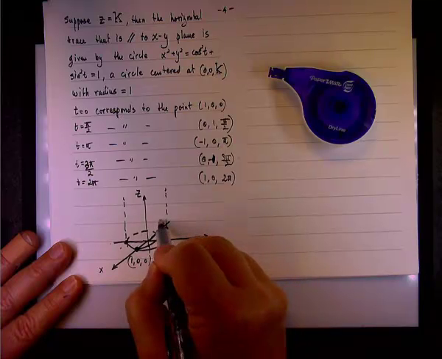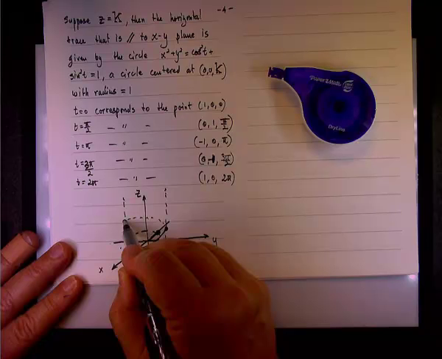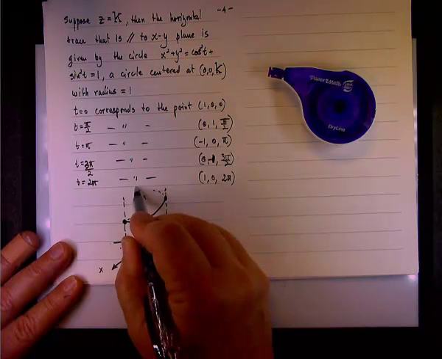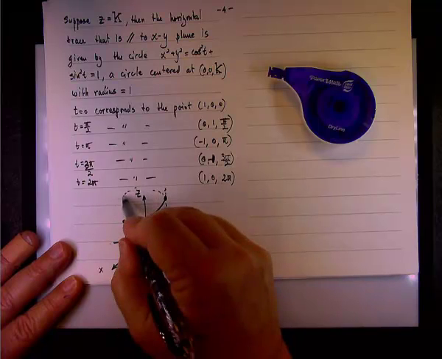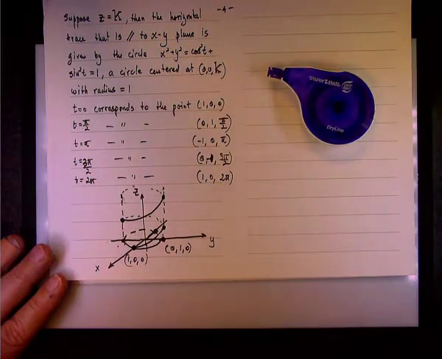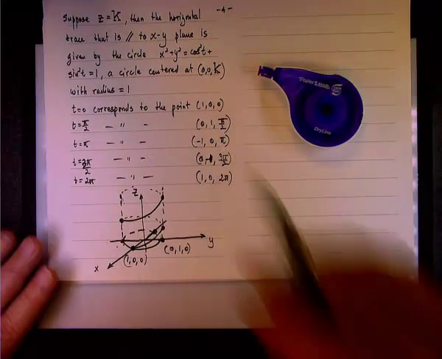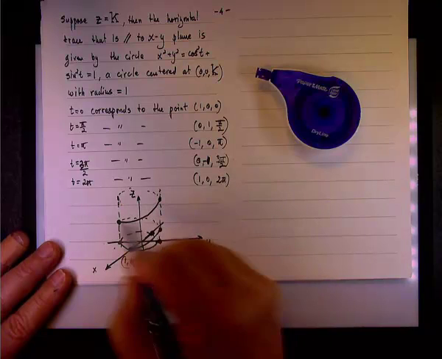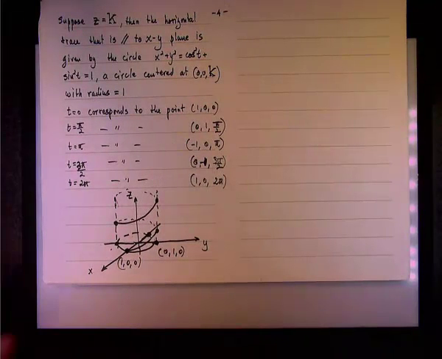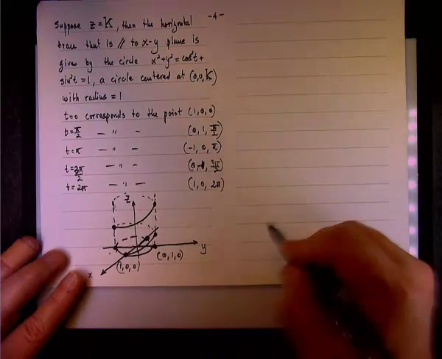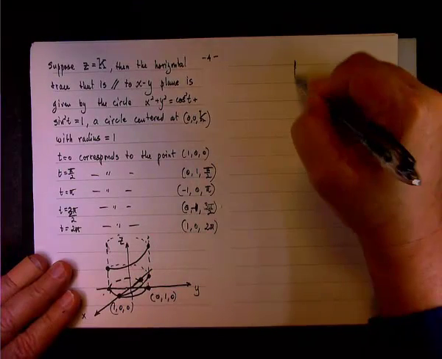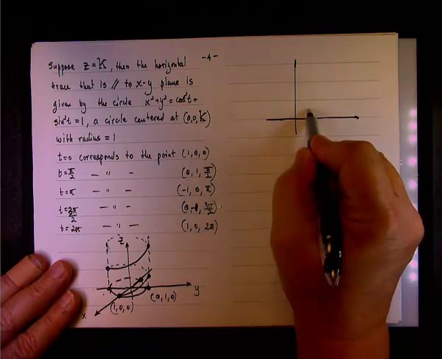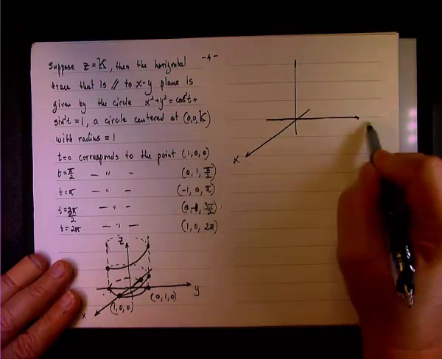Actually, this is supposed to be dashed because we don't see this part. Then what happens is we start right here, and we climb up right here. We go around, keep going up, and then we climb higher to the next position, and keep going up. And you can see that what you end up having is a spiral. If I drew it a little bit taller, you could see how this works.